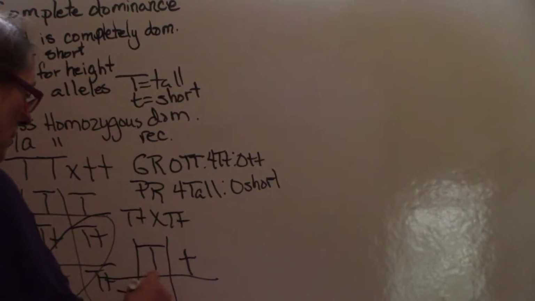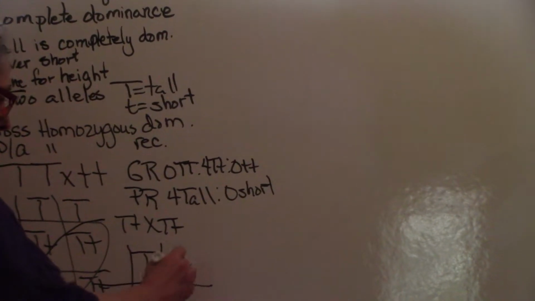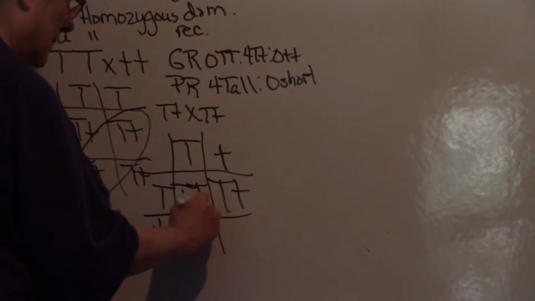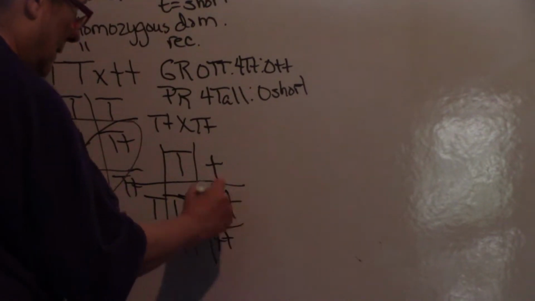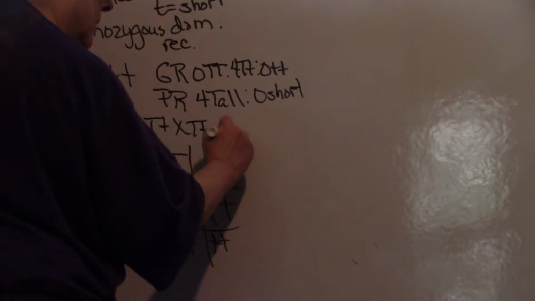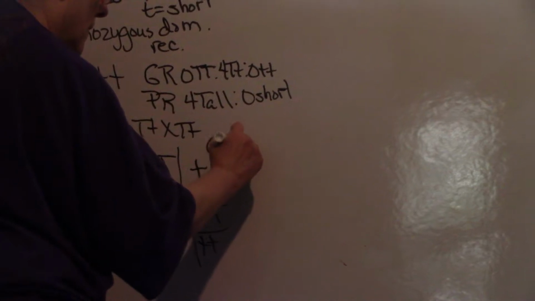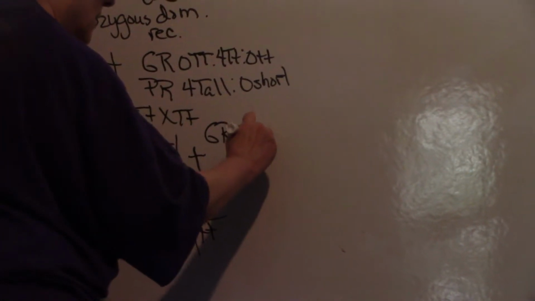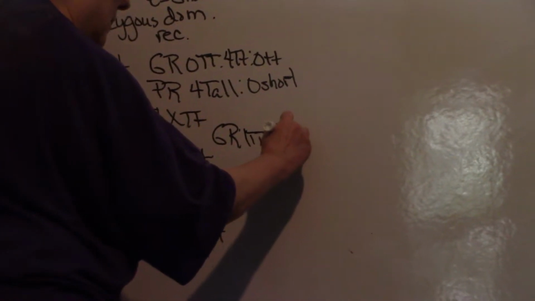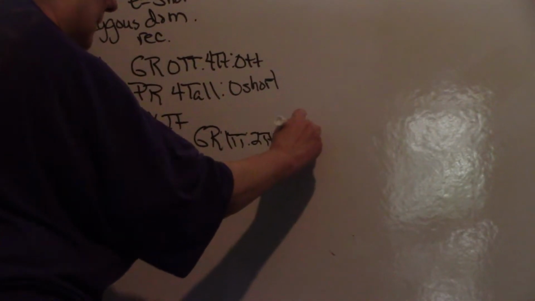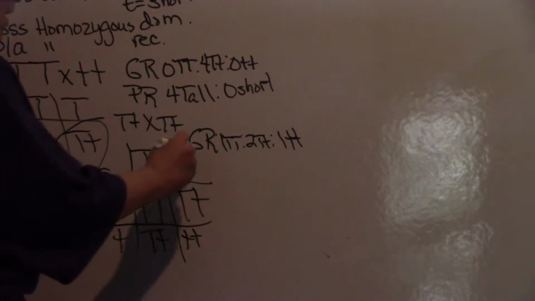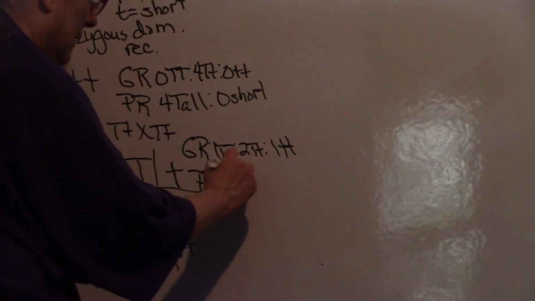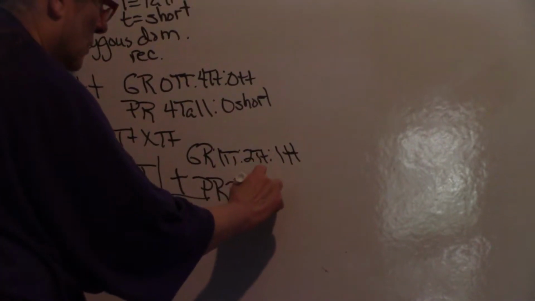So we have big T big T, big T little t, big T little t, little t little t. Now, our genotypic ratio is 1 big T big T, 2 big T little t, and 1 little t little t. Our phenotypic ratio is 3 tall to 1 short.